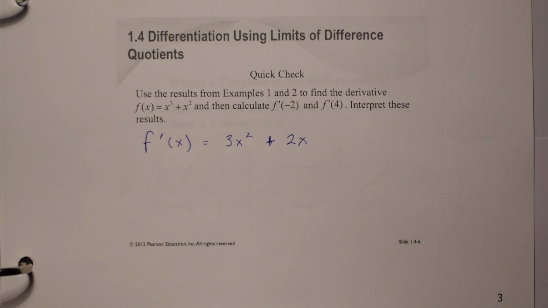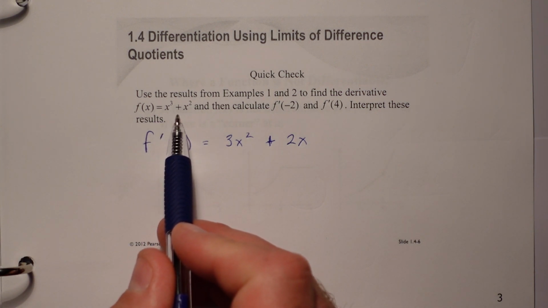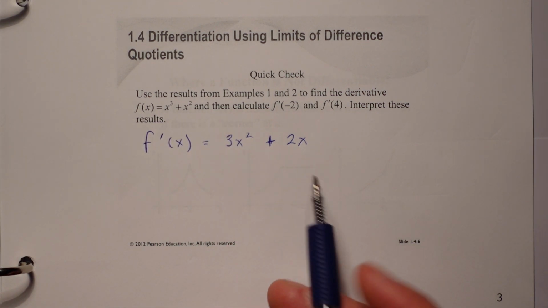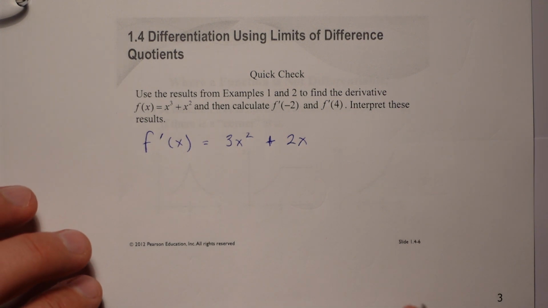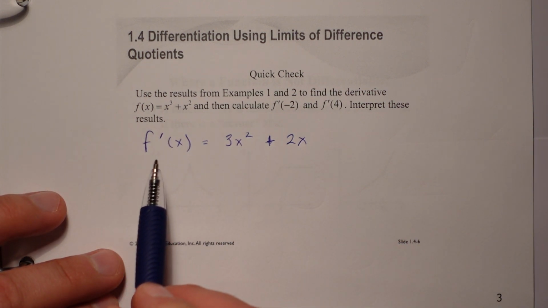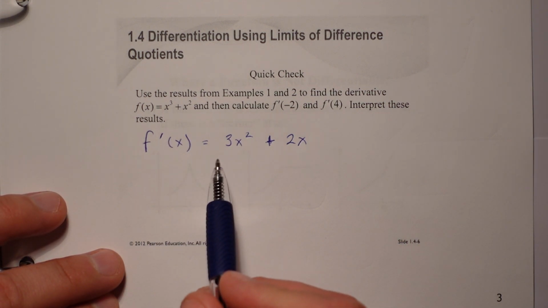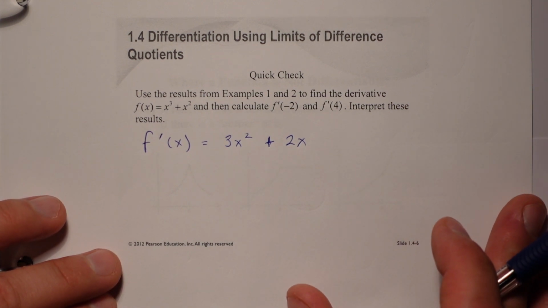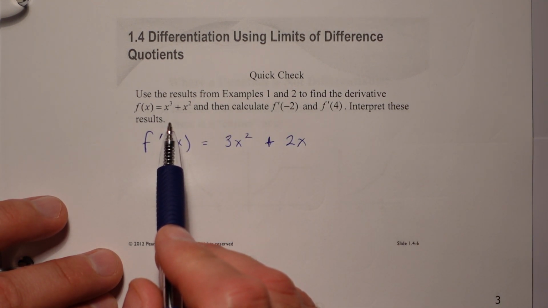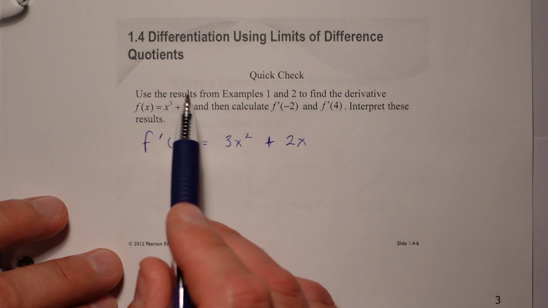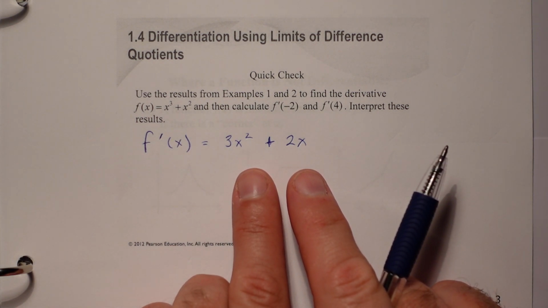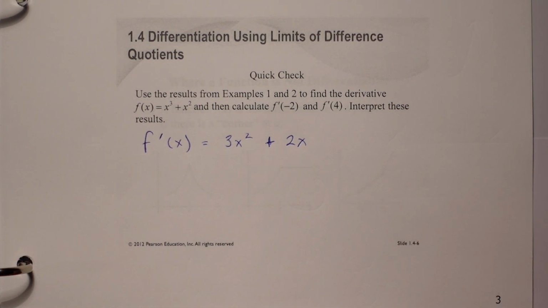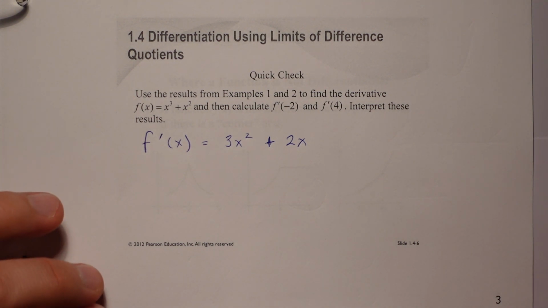So if the function is created just by adding those two together, the derivative is created in exactly the same way, just adding those two initial derivatives together. And remember, this derivative is basically a slope formula for this initial function. So if this is the original function, f of x equals x cubed plus x squared, we now have a formula for this function to find its slope at any particular x value.